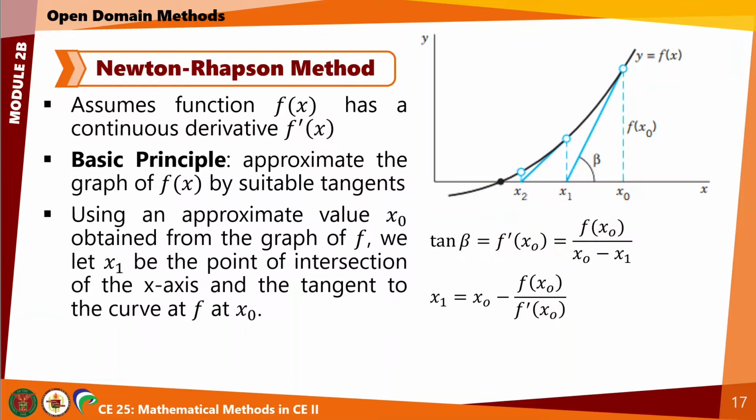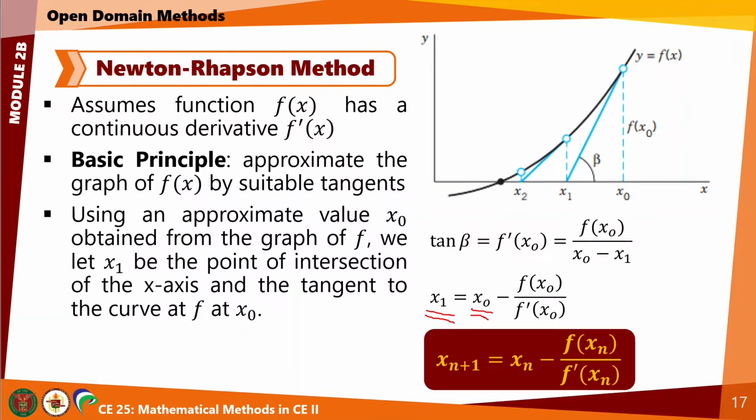Then isolate yung x sub 1, makukuha mo x sub 0 minus f of x sub 0 over f prime of x sub 0. Thinking na ito yung improved guess and this is your initial guess or your current guess, we have x sub n plus 1 equals x sub n minus f of x sub n over f prime of x sub n. So, ito na yung magiging formula or algorithm natin for Newton-Raphson method.